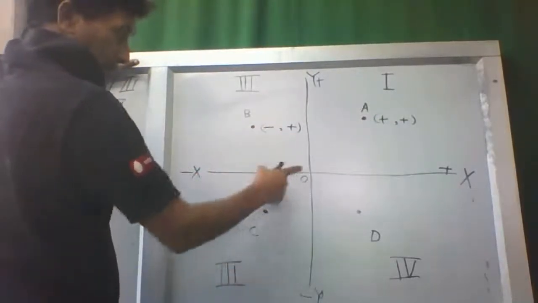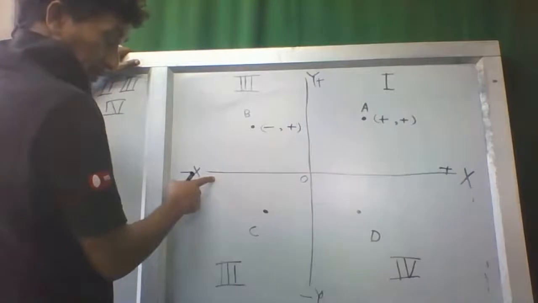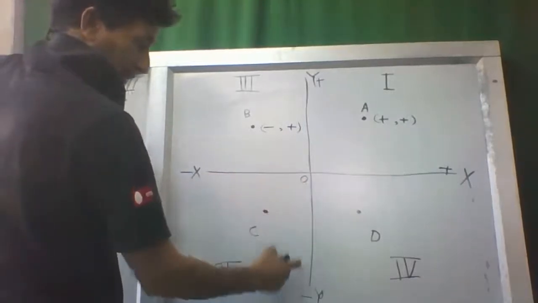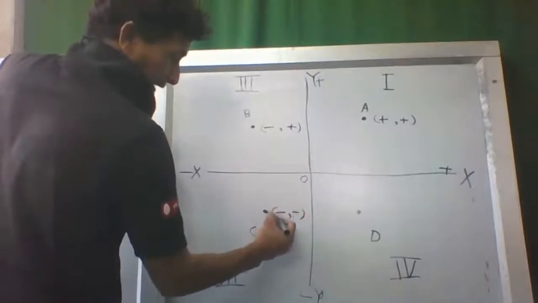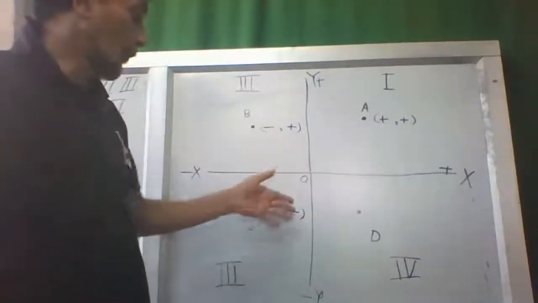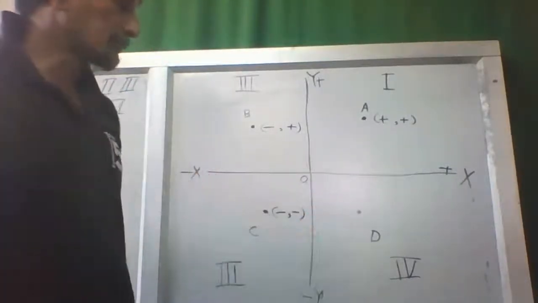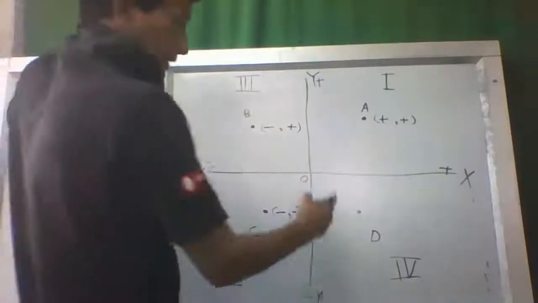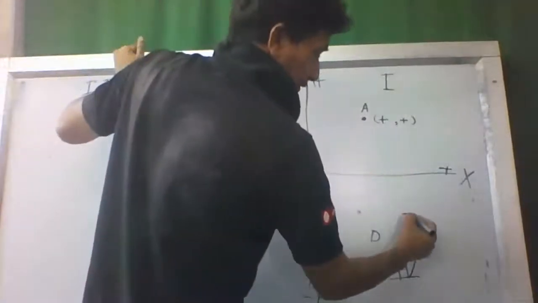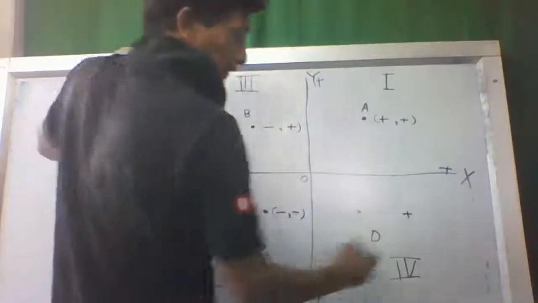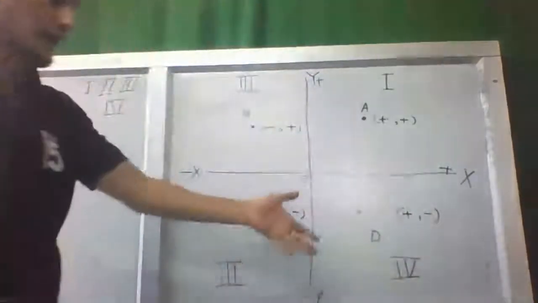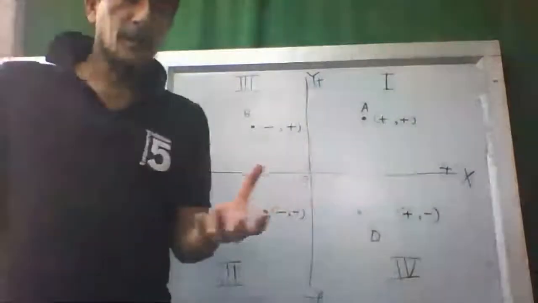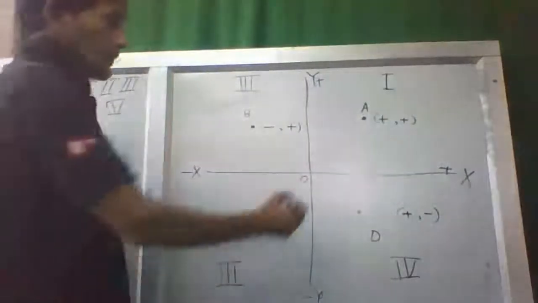Here both are negative. X is negative, y is negative, so it will be negative, comma, negative. Third quadrant, both negative. And the fourth quadrant, here x is positive and y is negative, so positive, comma, negative.